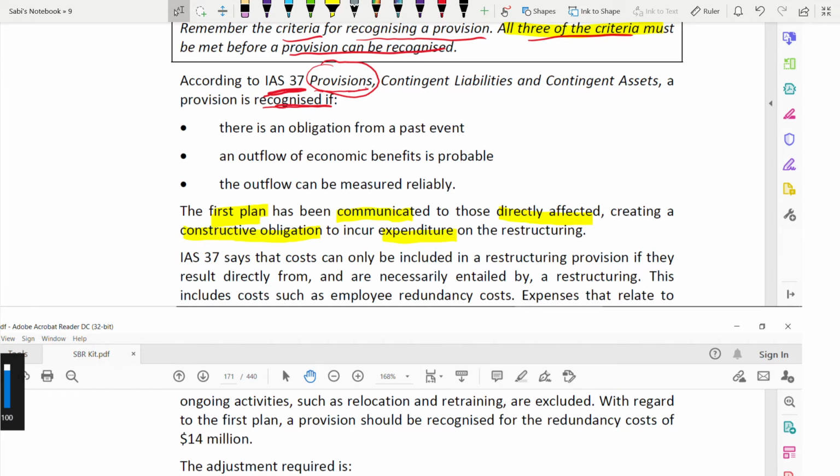So IAS 37 says that costs can only be included in a restructuring provision if they result directly from and are necessarily entailed by restructuring. If you can directly link it to the restructuring, then those costs will be included as a restructuring provision. That's what IAS 37 says. That's what you need to write.